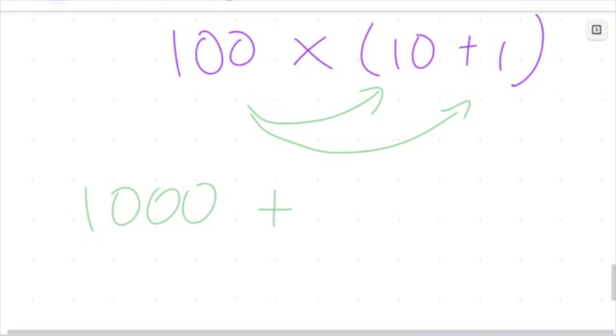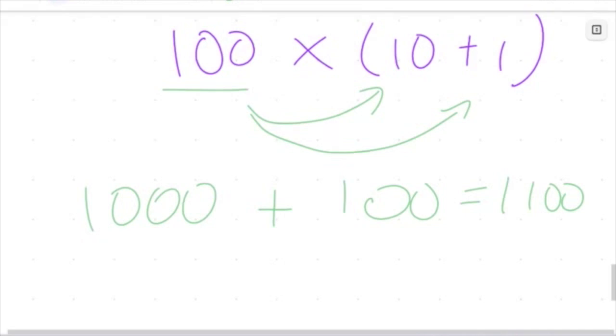And then to that, I'm going to add what one lot of 100 is. Well, one group of 100, anytime I times something by 1, that's just going to give me the number because there's only one group of it. So I'm going to add 100 here, and I get left with 1,100 when I do the addition.